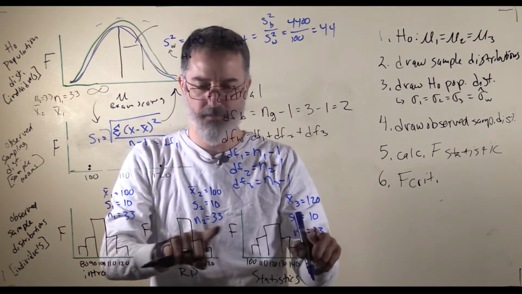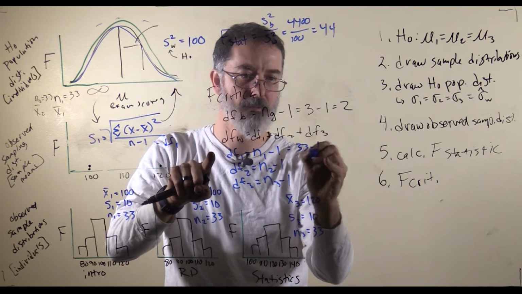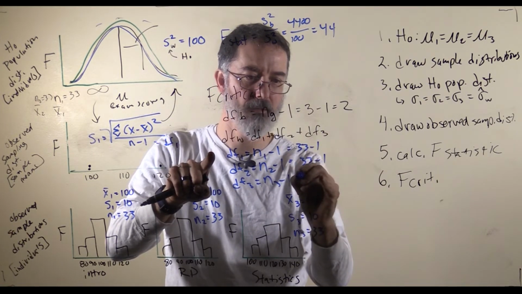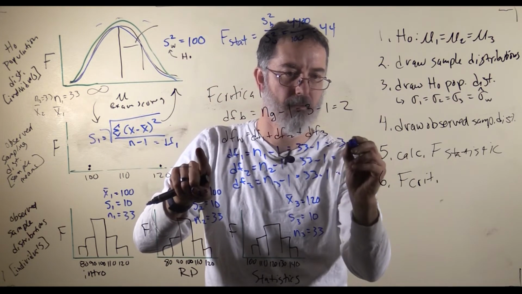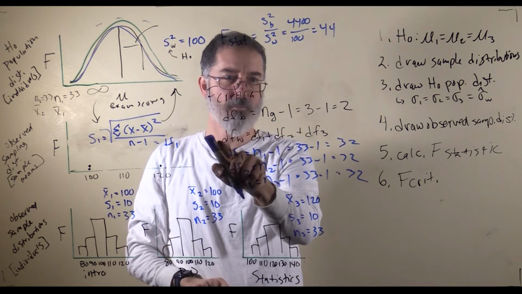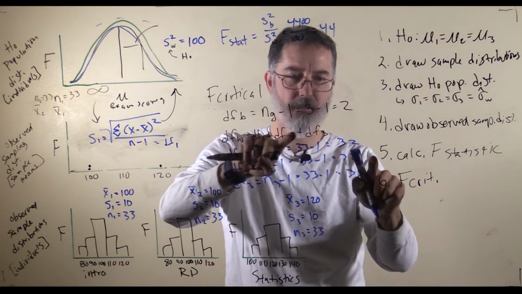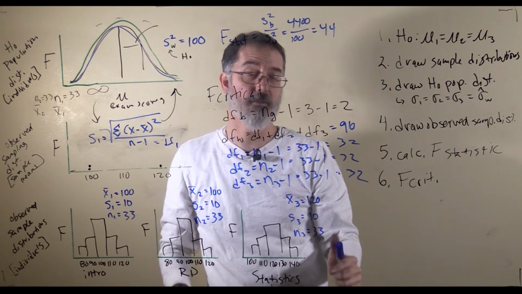In this case, each of our sample sizes is 33. 33 minus 1, 33 minus 1, 33 minus 1. So these are all 32 degrees of freedom. So for the degrees of freedom within, you add up 32 plus 32 plus 32, you get 96. So there's 96 degrees of freedom.